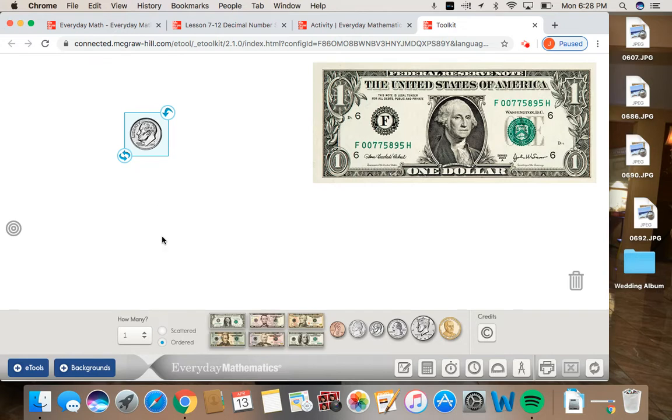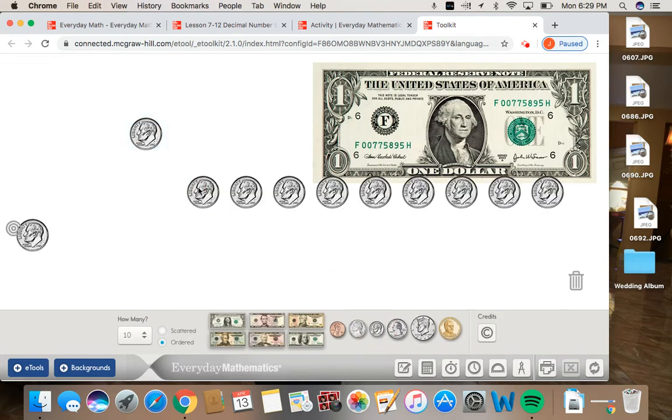Did you say 10? So I'm going to bring up 10 dimes. And let me see how many I have here. 1, 2, 3, 4, 5, 6, 7, 8, 9. And here is my 10th one right here. This one I actually do not need, so I'm going to move it into the garbage.